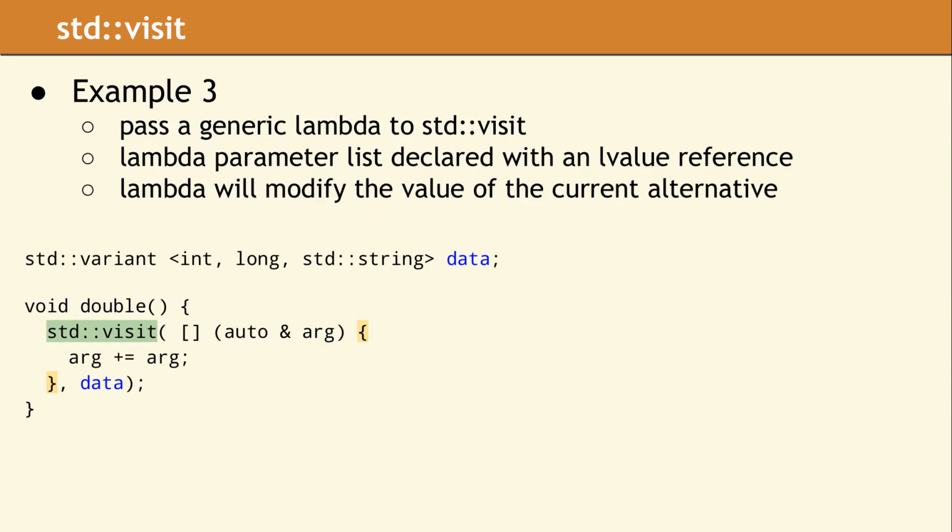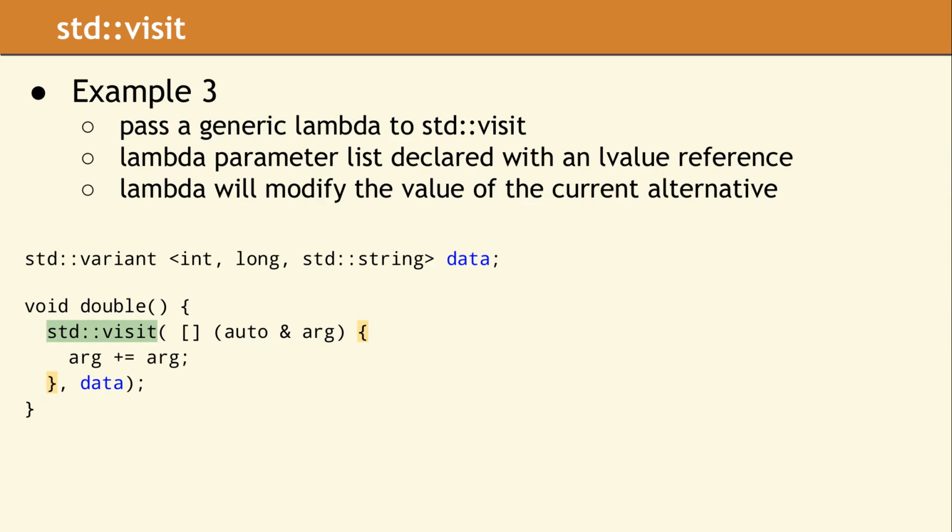The effect of the double function is to add the current alternative to itself, which will alter the value in the variant. If the current alternative is an int or a long, this would result in multiplying the value by 2. If the current alternative is a string, the string will be concatenated with itself. The use of a visitor to modify the data in the variant might not be the best practice, since the visitor now has a side effect.